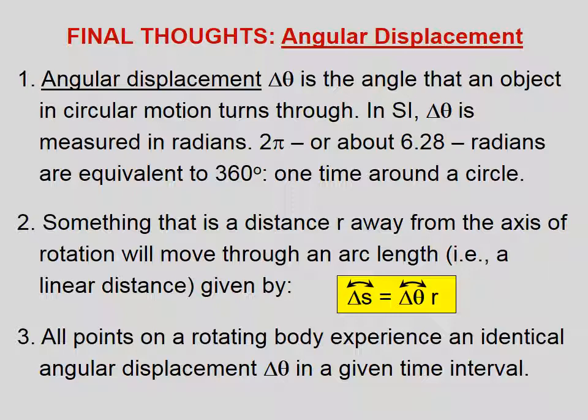Something that is a distance r away from the axis of rotation will move through an arc length, i.e. a linear distance, given by this equation in yellow, which says that the arc length is equal to the angular displacement times the distance that the point in consideration is from the center. That's what r is. All points on a rotating body experience an identical angular displacement delta theta in a given time interval.